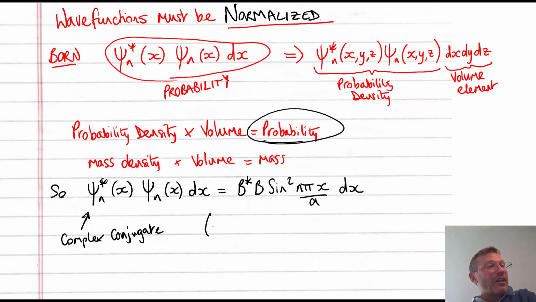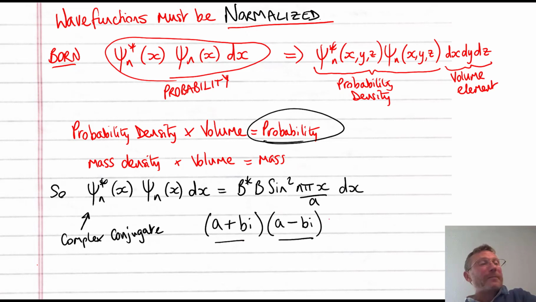So let's just remind ourselves that when we have a plus bi, here's our complex number. The complex conjugate is the same number, but we're going to replace the plus with a minus. And when we multiply the complex number with the complex conjugate, what do we get? Well, we're going to get a squared plus abi minus abi plus b squared.